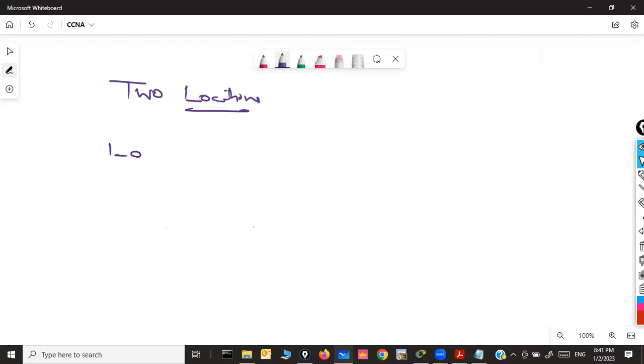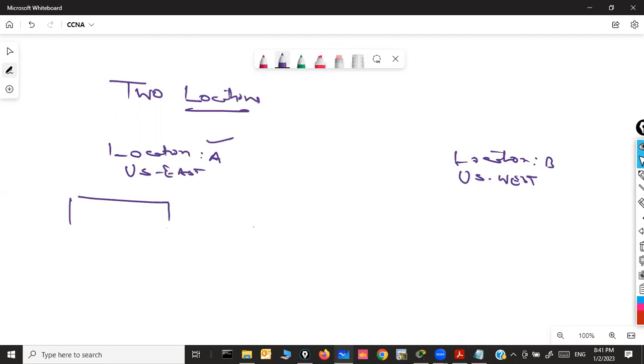Maybe location A in the US East region, anywhere in the US East region, and location B is in the US West region.